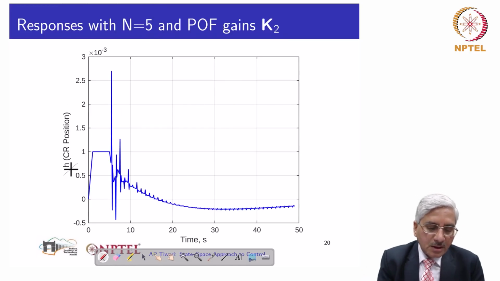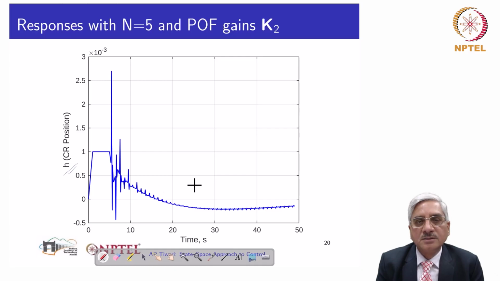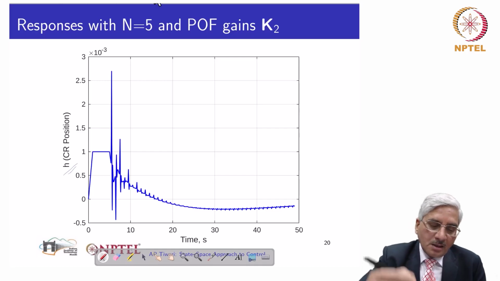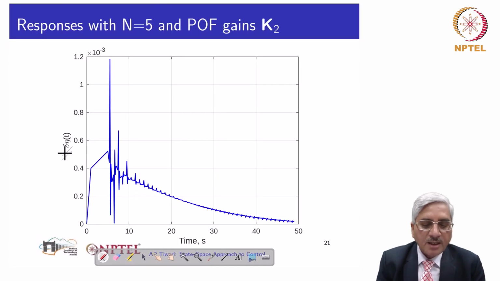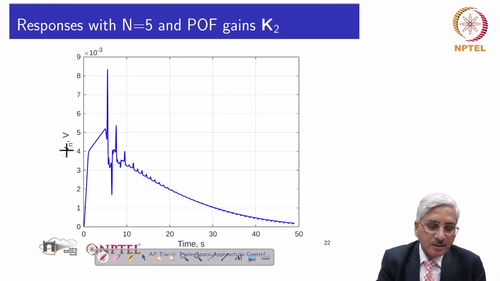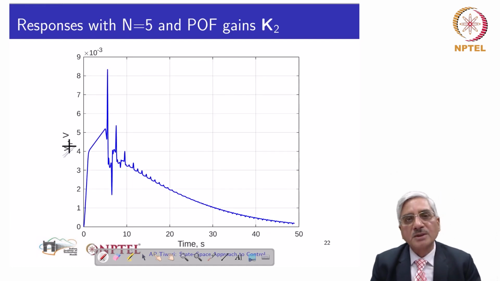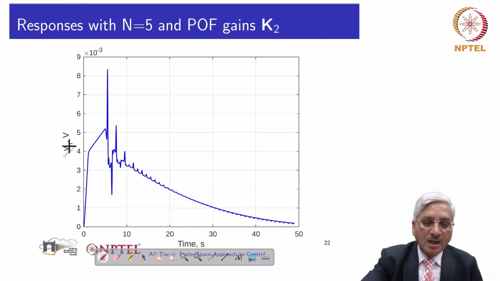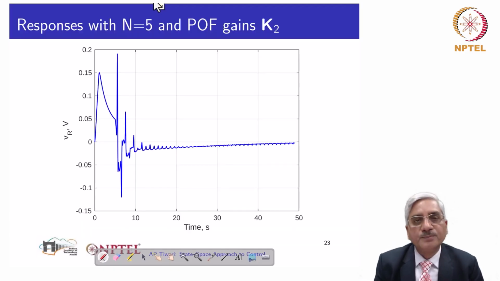This is how the control rod position varied. This is how the delta n varies. Of course, the control is better. It is brought to the equilibrium without any undershoot and faster. So this is how delta neutron density varied, delta eta. This is how the voltage signal proportional to the neutron density varied, and this is how the rate signal varied.